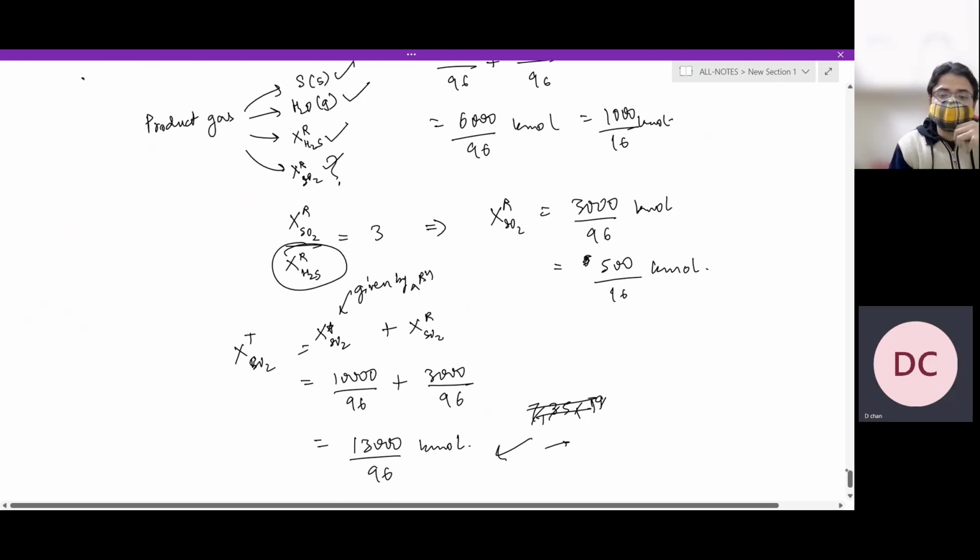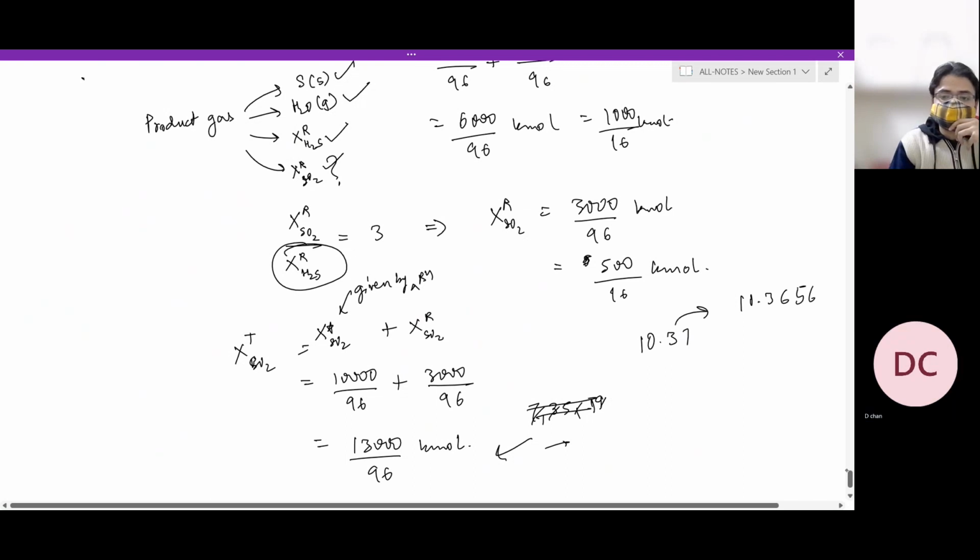Else, you would be accumulating error. For example, if you report some value as 10.37, and the actual value was 3.6165656, then there is a certain error introduced here.